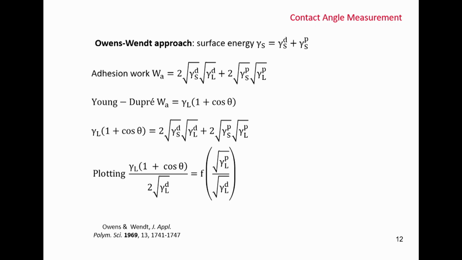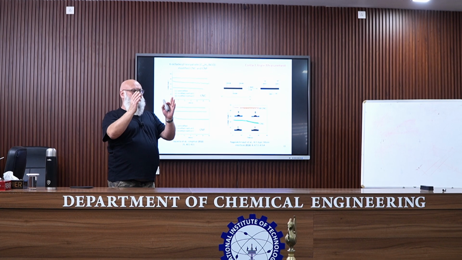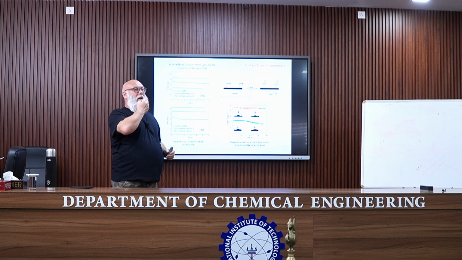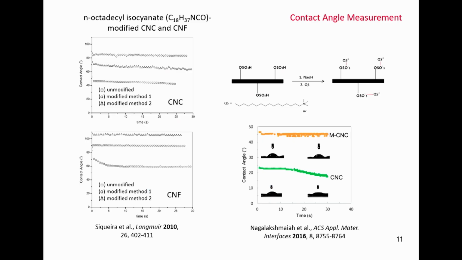One quantification is from the contact angle measurement. You know that if you put a droplet of water on the surface of a polar surface, the contact angle is low. On the contrary, if the surface is more hydrophobic, the contact angle increases.